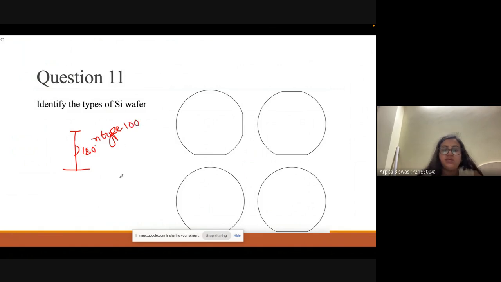And if this is a primary cut and this is a secondary cut, what is the angle between them? The angle between them is 90 degrees.